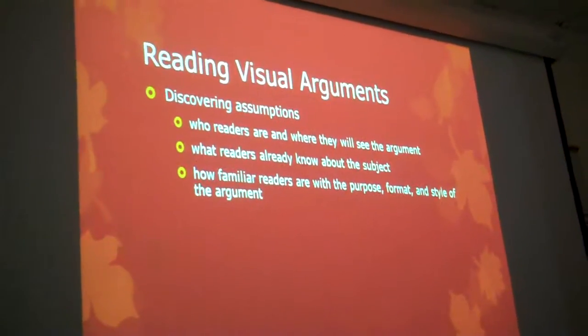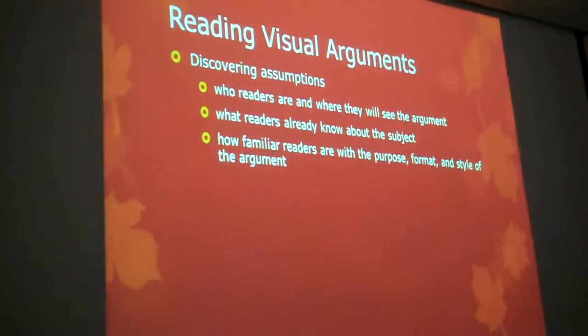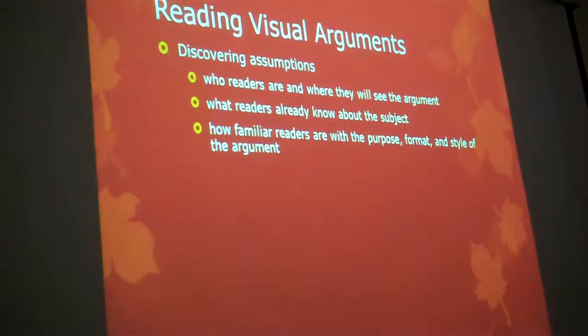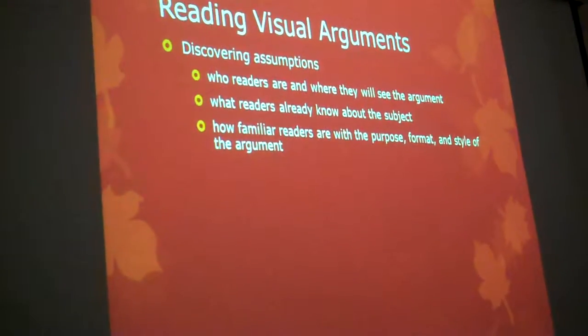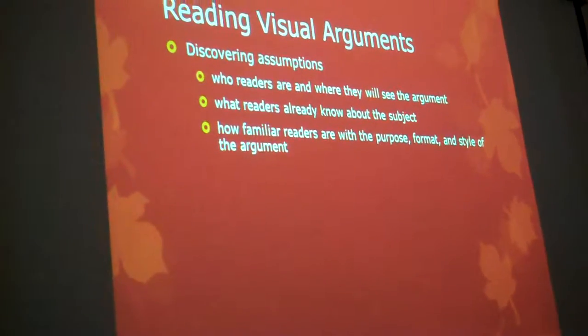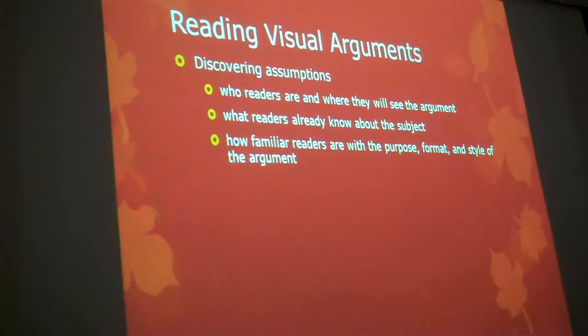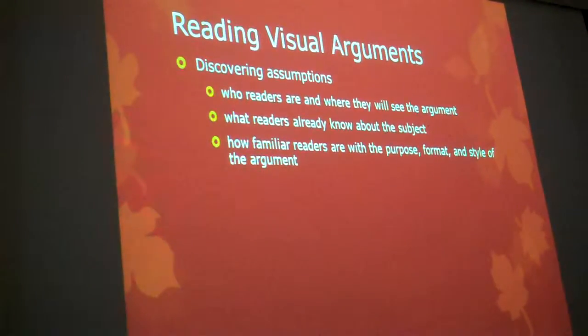So this is what these advertising guys think about all the time. They think about who's going to look at their ad, who their target audience is, what they're focusing on as far as the needs and desires of their audience, and then they also look at how the purpose and format and style of their ad is going to appeal to that group.